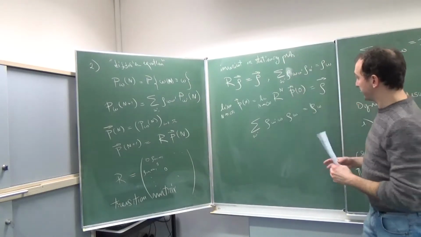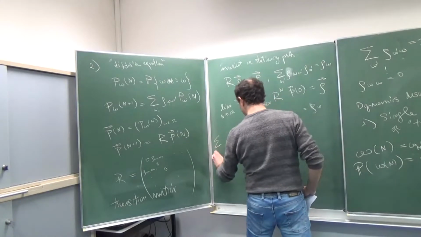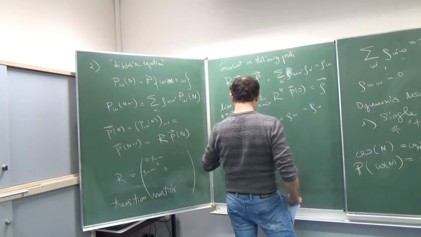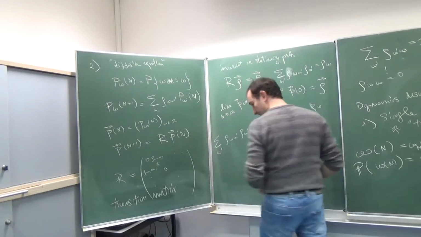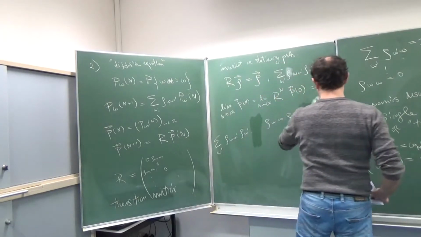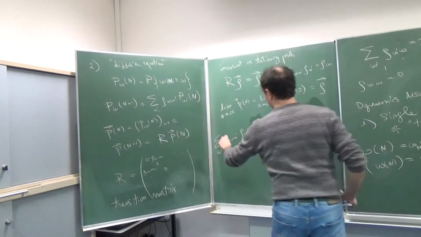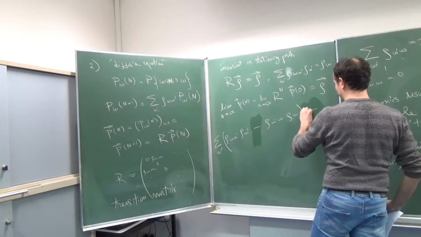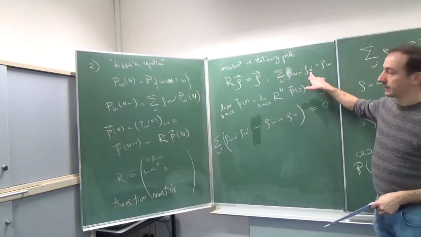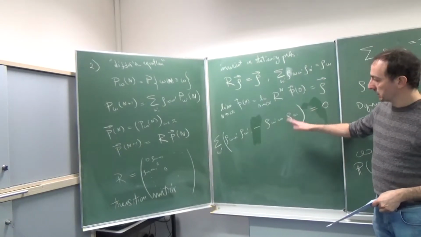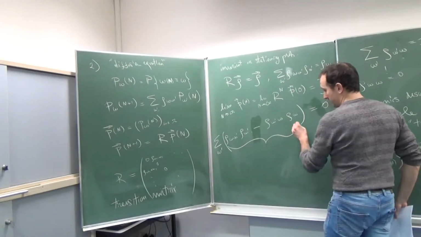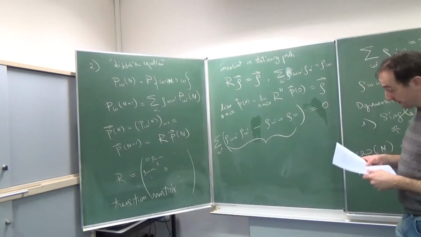So I can rewrite this as, okay, I just rewrote the steady state equation in a different way, but now this thing here is called the current.